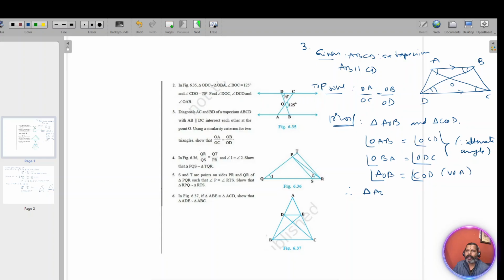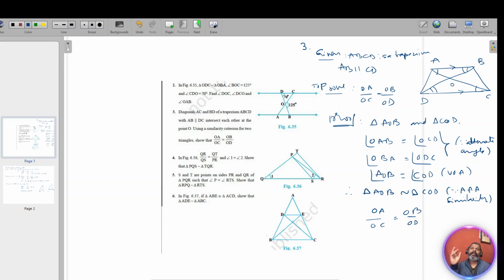Therefore, triangle AOB similar to triangle COD by AAA similarity. Once we have similar triangles, the ratios are equal, we can write. What is to be needed? Just write OA by OC equal to OB by OD.